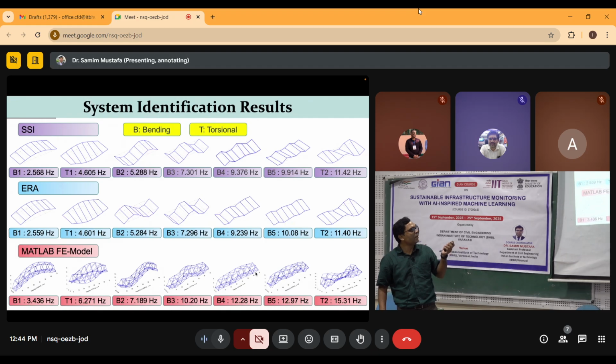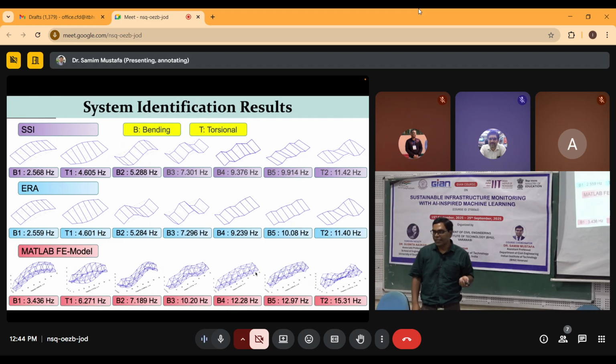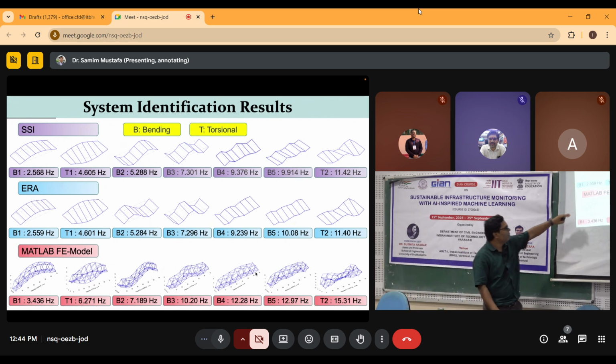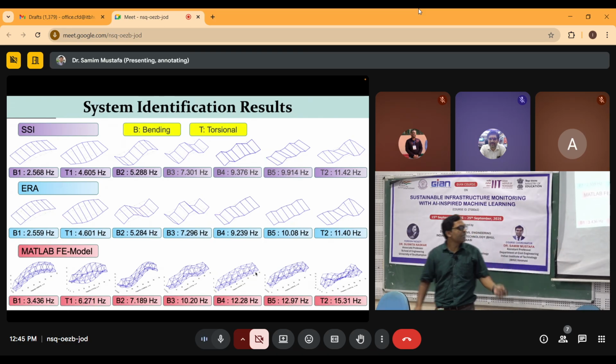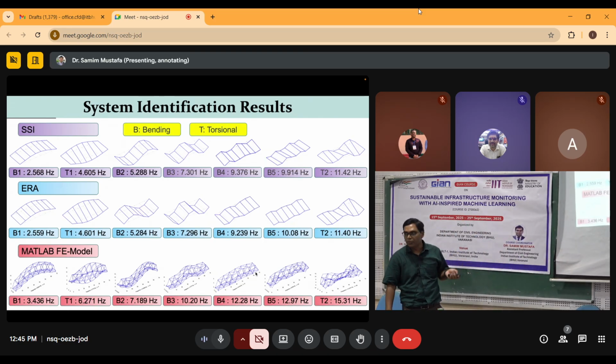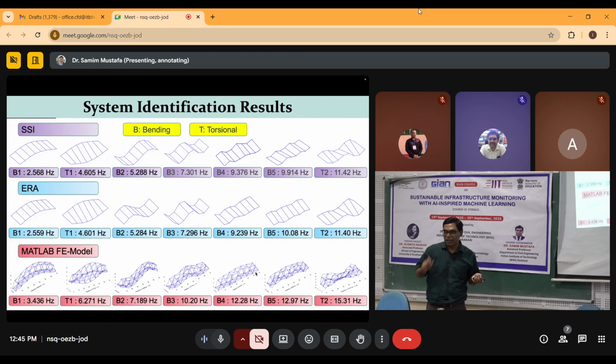These modal parameters you can identify using SSI and ERA, and from MATLAB also you can identify the vibration modes and frequencies. There are discrepancies between these two because our initial assumption is not so correct.